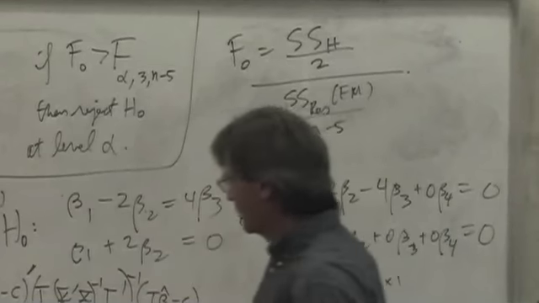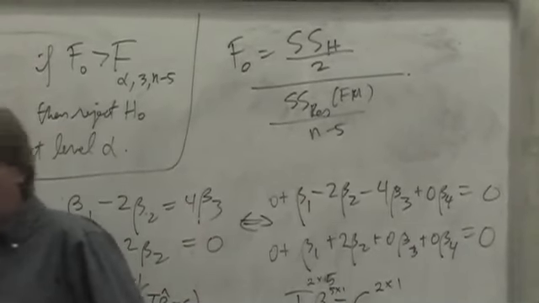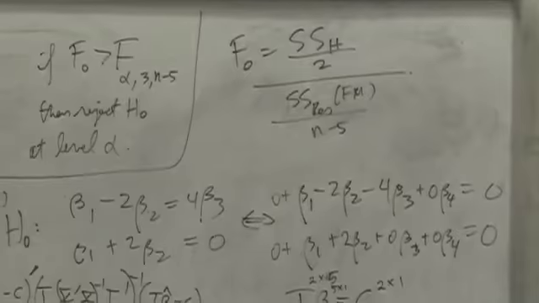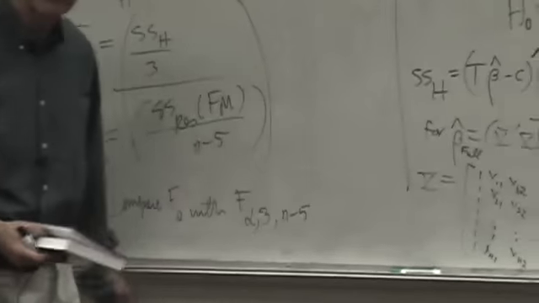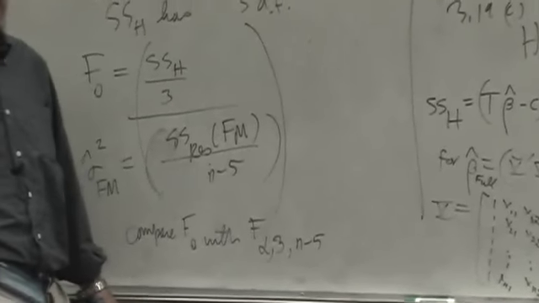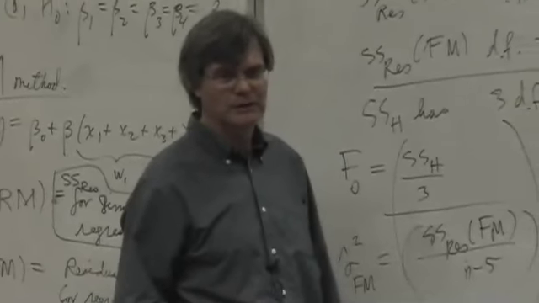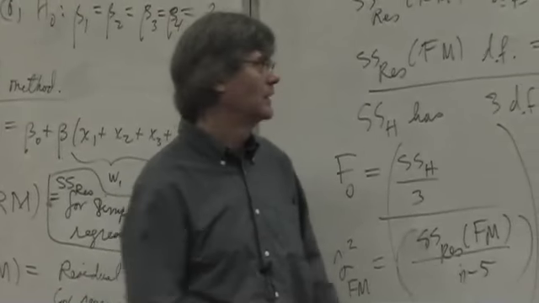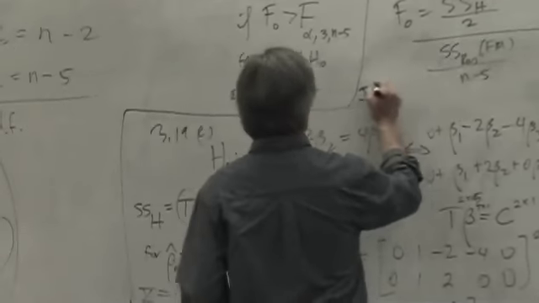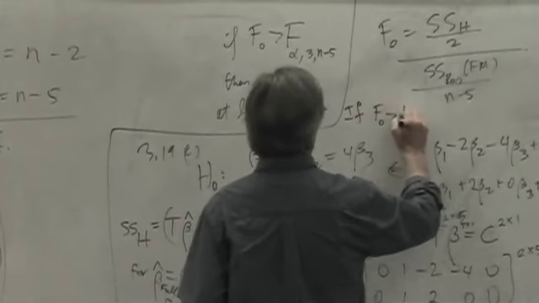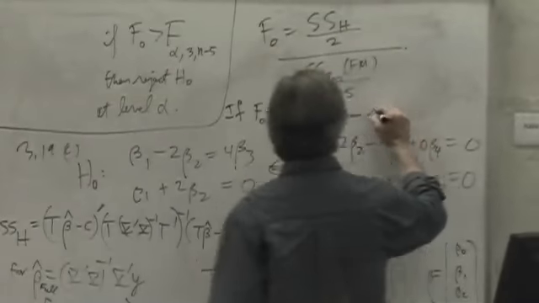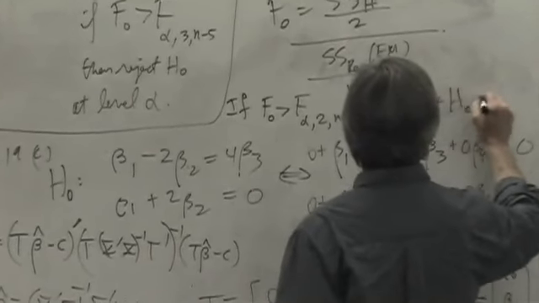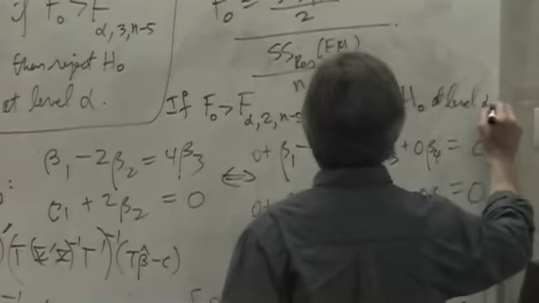And then you compare with the corresponding F percentage point of 2 and n minus 5 degrees of freedom. Is it clear how to finish the problem? If F naught is bigger than F sub alpha, 2 comma n minus 5, then reject H naught at level alpha.